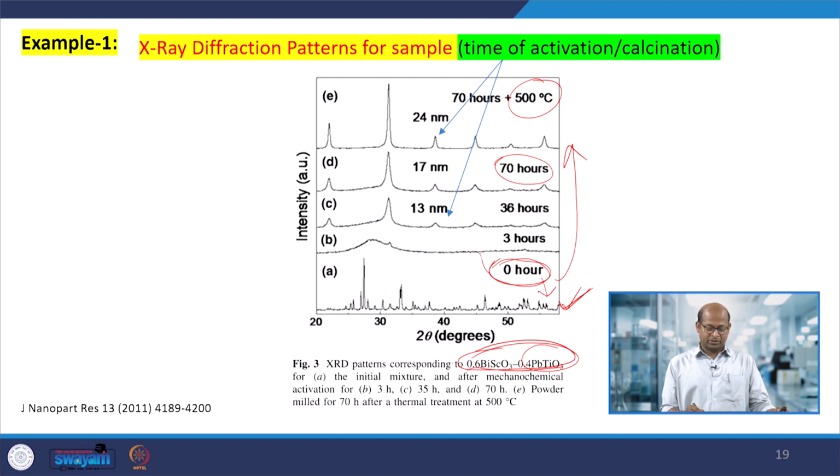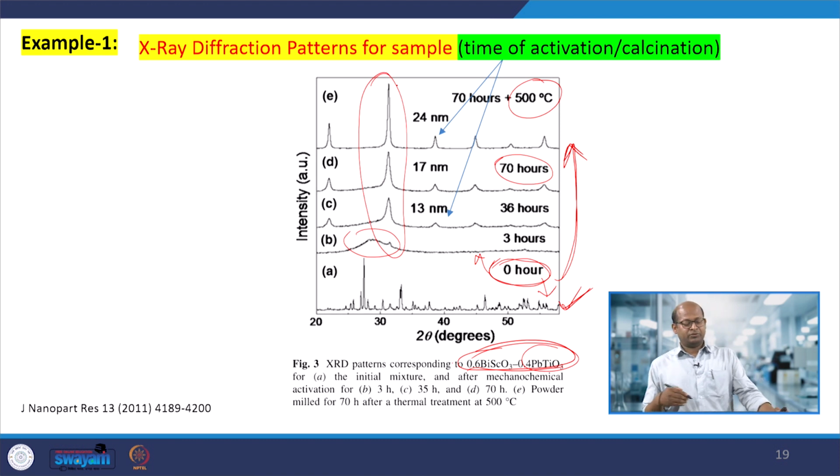and then if we wait for 3 hours, slightly crystallinity, that is crystal growth, is present, and then if we increase it, you can see the material gradually converted from amorphous to the crystalline phase at the same temperature by waiting a longer period of time. So the time of calcination when we prepare a material is very important.